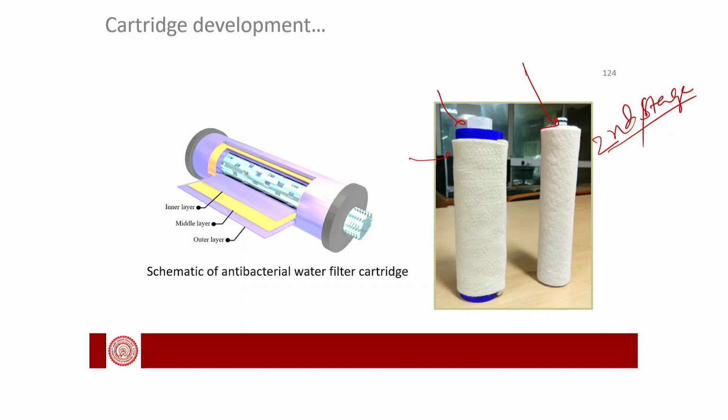In the first stage, as already explained, the non-woven fabric was used. Through wicking we could remove the turbidity and solid particles, and then in the second stage we removed the bacteria and all other fine particles present in the water, and we could get clean drinkable water from this.